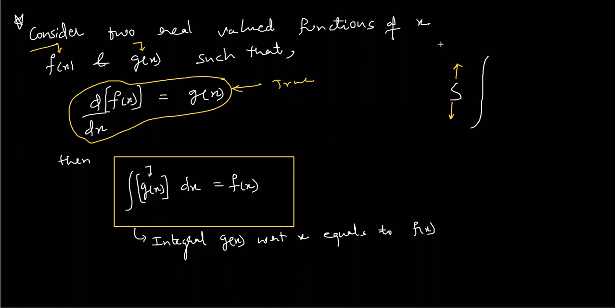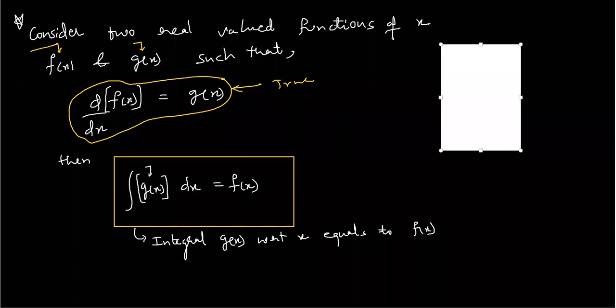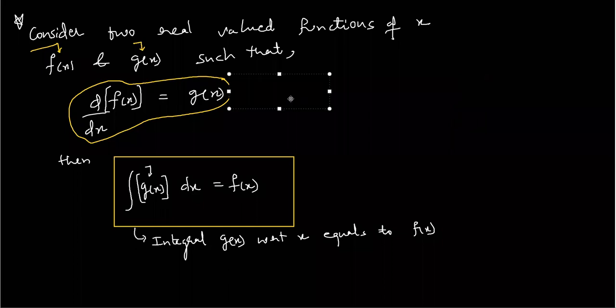So what did you follow here, students? You followed that if I have two functions of x such that the derivative of one of those functions is the other function, then integration of the other function will be the previous function.